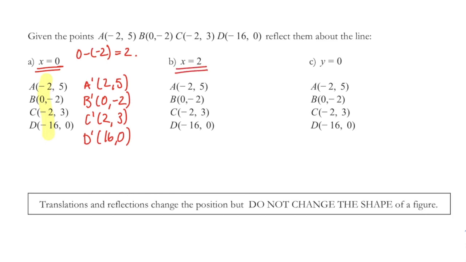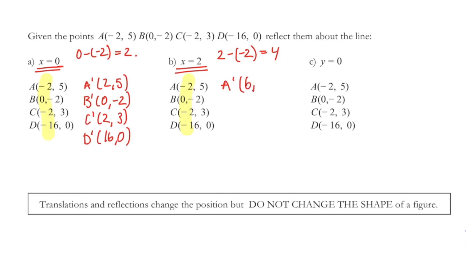So for the next one, I want to reflect in the line x equals 2. And so if I picture that, I have a point and I need the difference in x values, okay, here to here, and then I have to add that to 2. So in this case, I have 2 subtract -2, which is 4, and then I have to add 4 to the x equals 2 value for my new x coordinate.